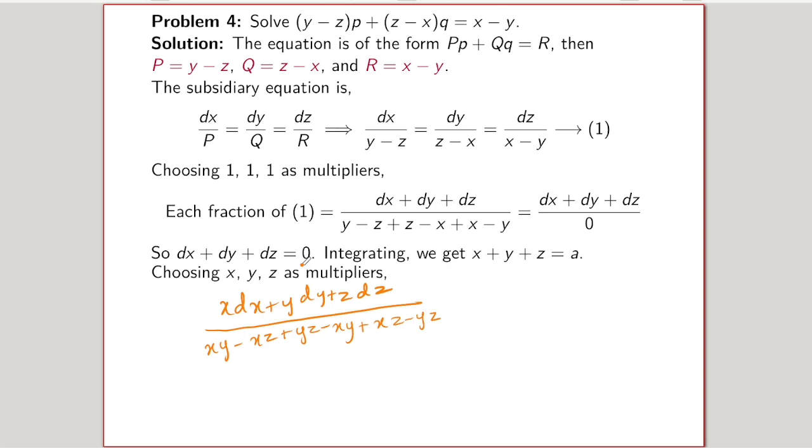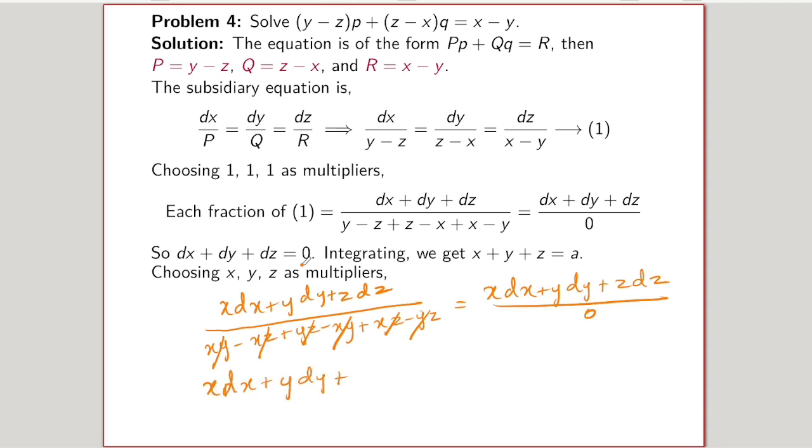If I cancel these two terms, these two terms and these two terms, I can write it as x dx plus y dy plus z dz divided by 0. So the numerator I am going to integrate: x dx plus y dy plus z dz equal to 0.